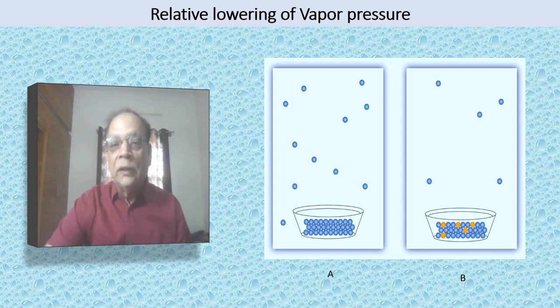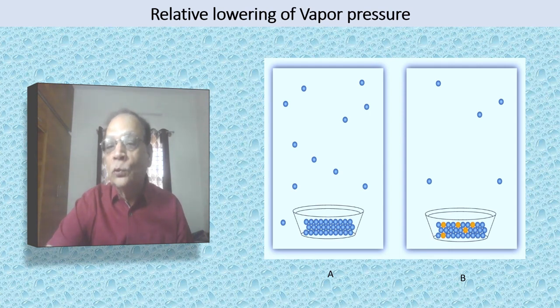Therefore, the vapor pressure observed here and measured over here will have a difference. This will be higher and this will be lower. So the difference in vapor pressure can be calculated by subtracting the vapor pressure of the solution from that of pure solvent.